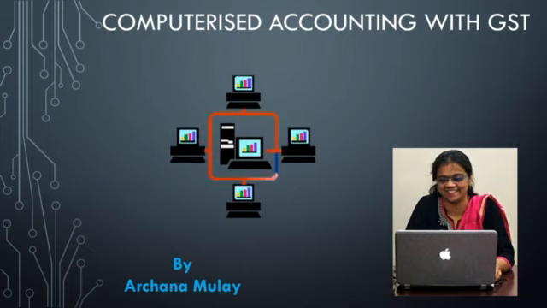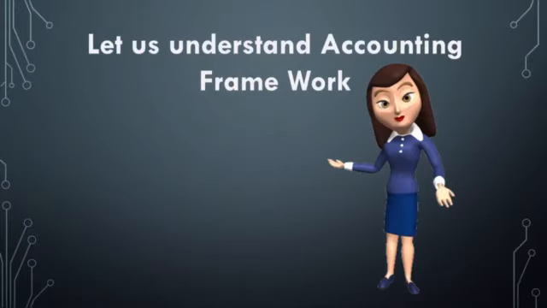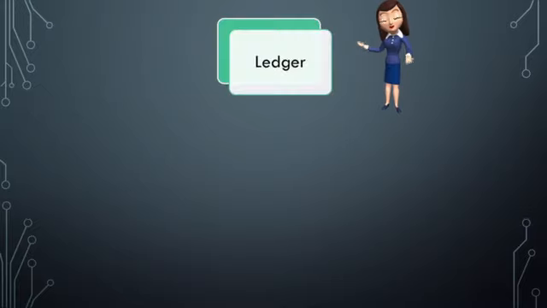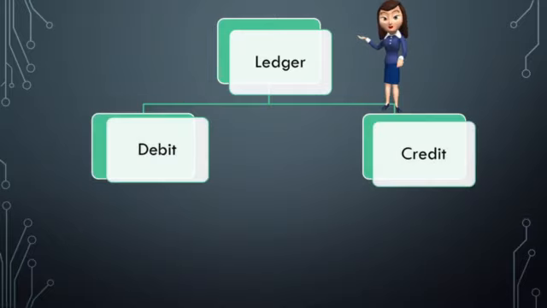To understand CAS, first we will see some basic principles of accountancy with the help of the accounting framework. In the double entry bookkeeping system, there have to be equal and corresponding sides known as debit and credit. That is, every ledger account has a debit side and a credit side.